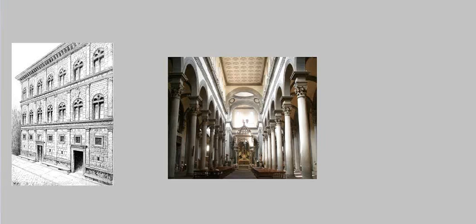And the image on the left is a drawing, obviously, and the image on the right is the interior of the Church of Santo Spirito by Brunelleschi, also located in Florence, and it dates to the 1440s. Don't worry about knowing the names and dates of these churches. This is just for the sake of review.